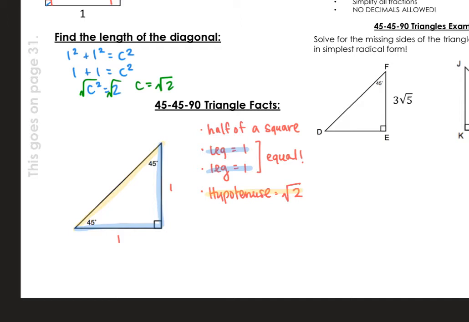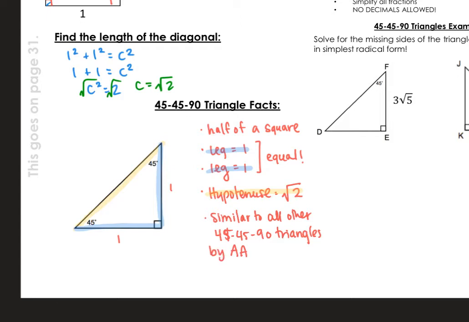So what's nice about creating this triangle is that a 45, 45, 90 triangle is similar to all other 45, 45, 90 triangles by AA, meaning angle, angle.